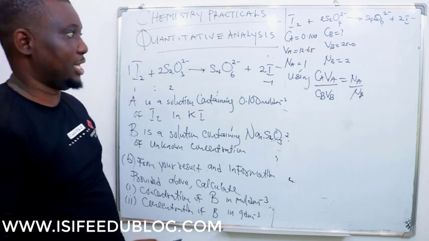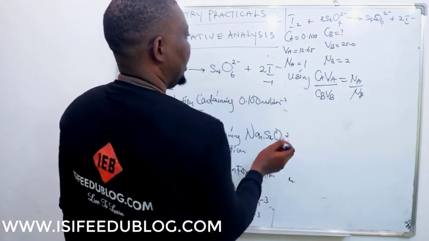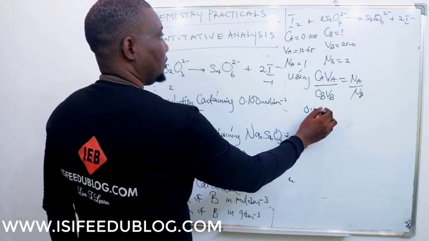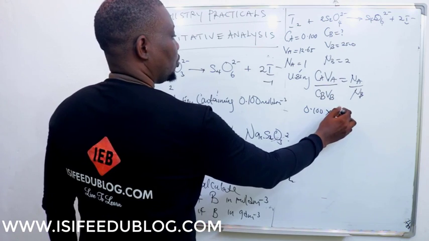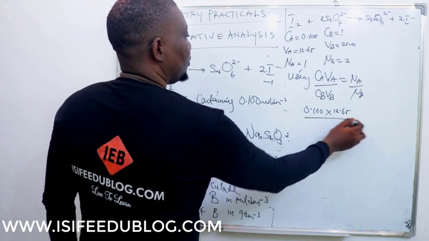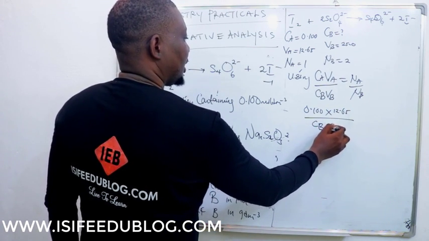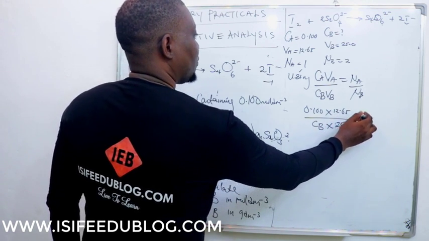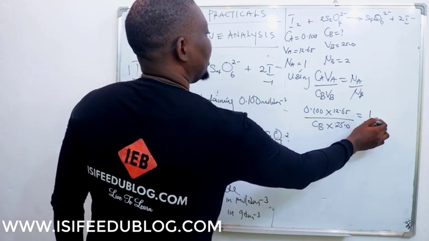It will be given most times. So we substitute now: CA 0.100 multiplied by 12.65 over CB times VB, which is already given as 25.0, is equal to NA 1 over NB 2.